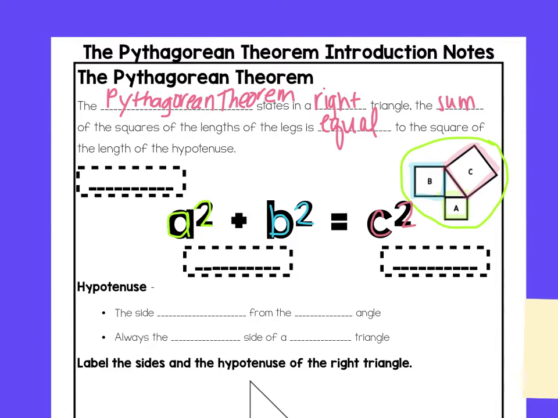And what A and B really represent are the legs of the triangle. So A represents a leg, and B represents another leg, and then C always represents the hypotenuse, the longest side of the triangle.